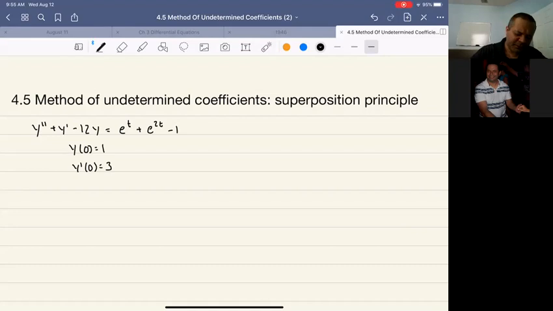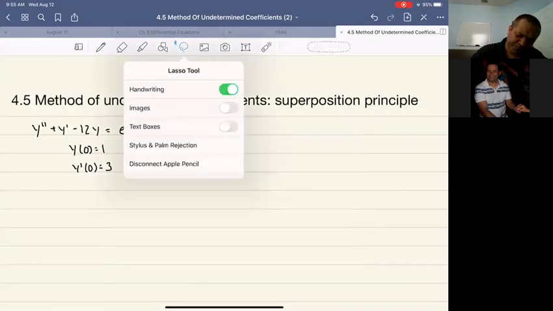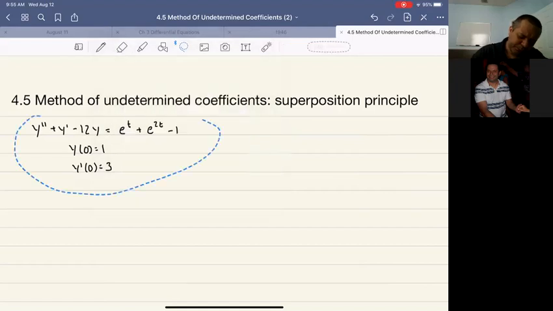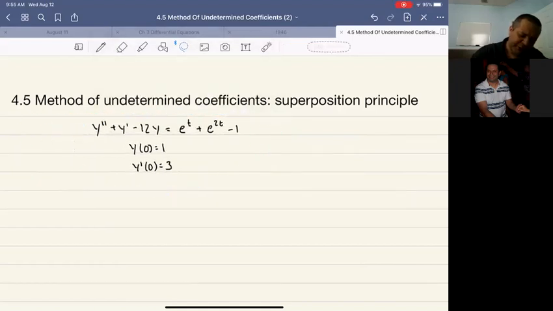Okay, this is actually number 28 in the book in the section. Okay, so how are we going to look at this?